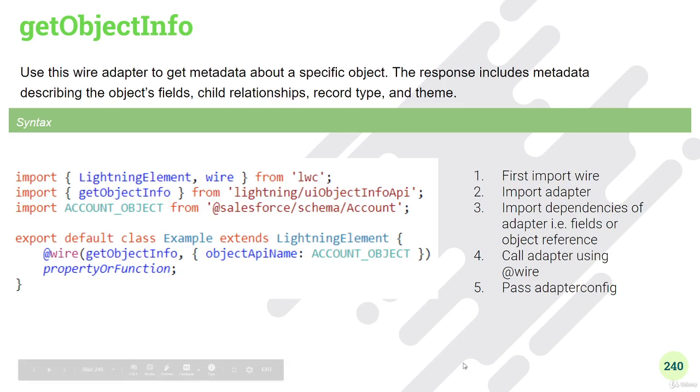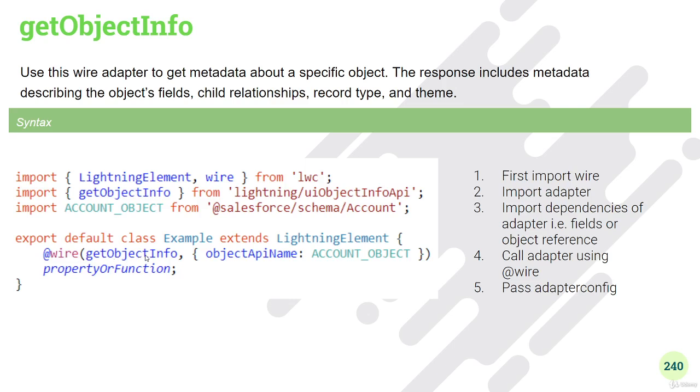So the syntax is almost the same as what we have seen in the wire service syntax. First we have to import the wire, then we have to import the adapter. In this case, getObjectInfo is our adapter name, and we are importing that adapter from the UIObjectInfo API module. Then we'll pass that adapter name to a wire service.